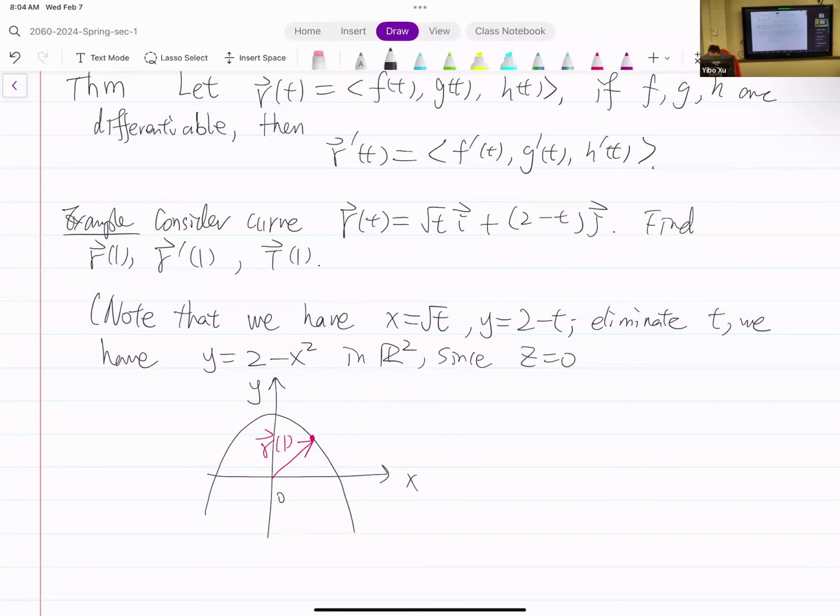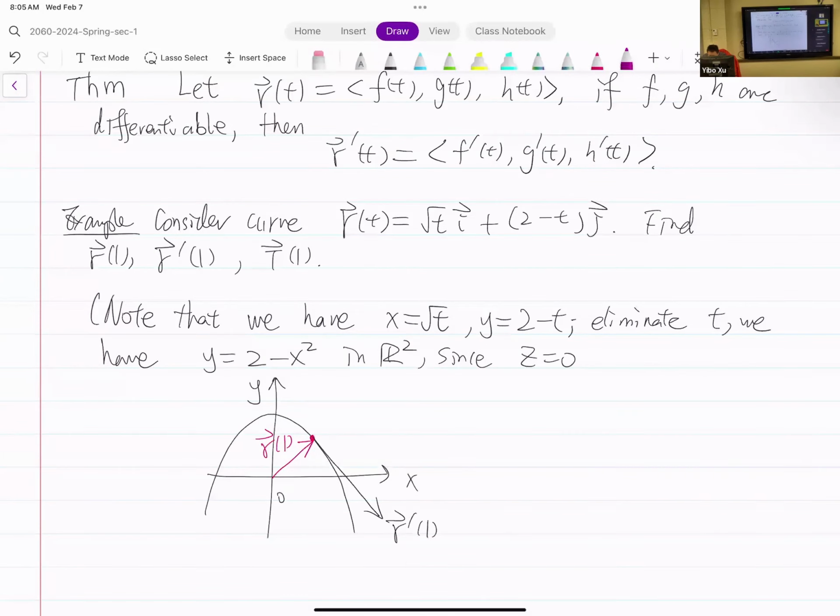I'm going to put it in black. The tangent direction is just along the tangent line. And when t increases, my x value gets larger, so my y value gets less and less. So it's along the tangent line, but we're going down. Okay. So that's r prime of 1.